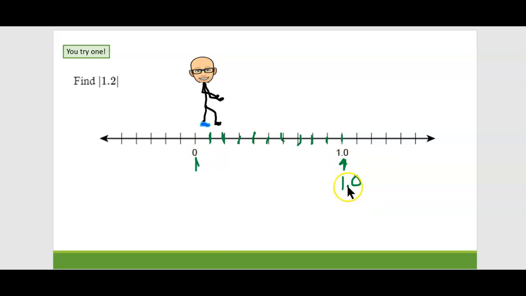1.0 is like 1 and 0 tenths. Do we really need to put that there? No, we don't. It's just 1. But they're doing that to show you that we're breaking this down into tenths. They're trying to drop you a very subtle hint, a clue to solve the mystery.